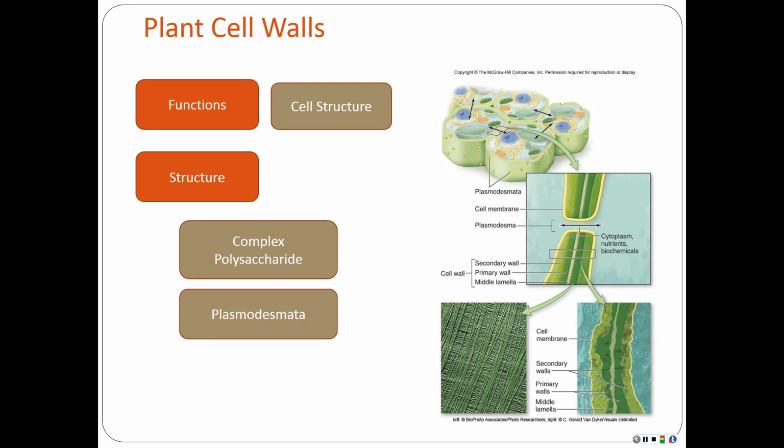There's little gaps. Okay, I'll try to highlight over here between individual cells. It's called a plasmodesmata, and it's just the physical gap so that the fluid of one cell is connected with the fluid of another. And then the cell wall itself is illustrated in the green colored area.